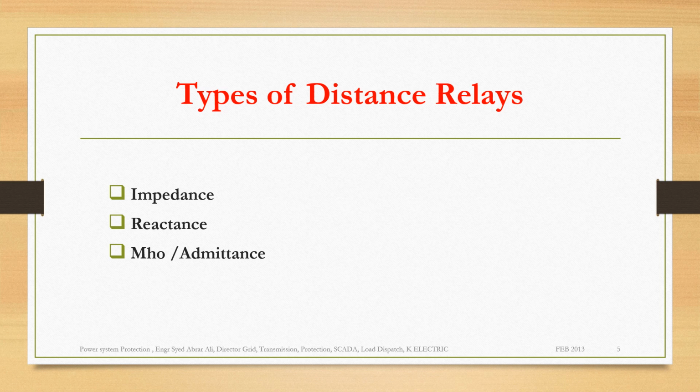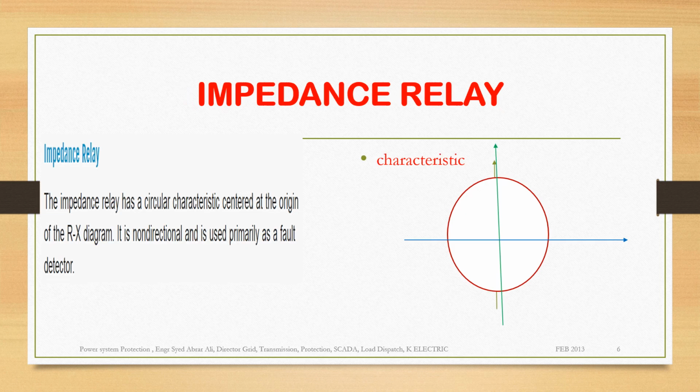Still, when it comes to engineering and distance relays and other topics, the name has not been changed to Siemens, and it is still known as the Mho relay. So you will call it a Mho relay or the admittance relay. Mho is actually ohm read from the right hand side.